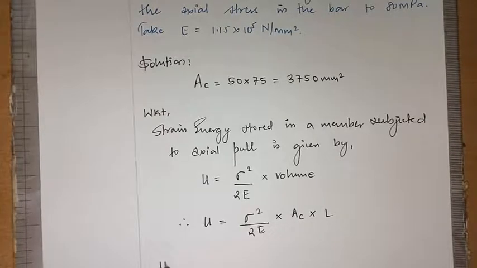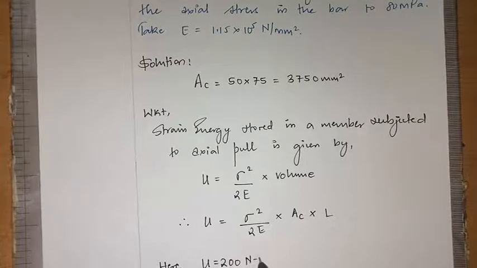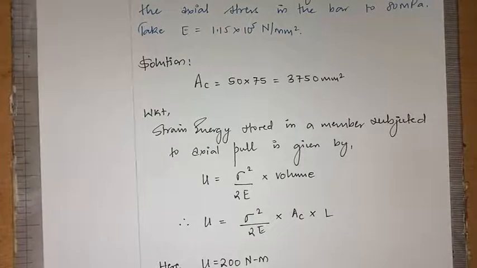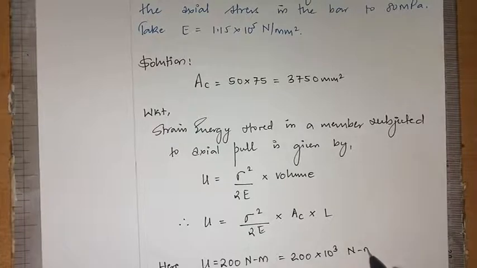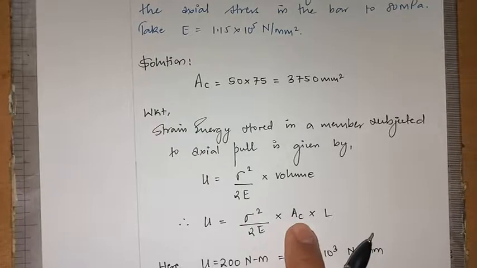Now here he has given the U value in the problem as 200 Newton meter. Please substitute it in mm because everything else is in mm. So it is 200 into 10 raised to 3 Newton mm. AC I have already calculated.